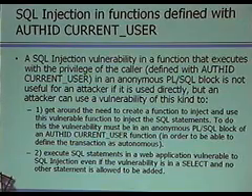Well, now, all the other vulnerabilities that we have seen were executed with the privilege of the owner, in that case the SYS user. Now we will see SQL injection vulnerabilities that execute with the privilege of the caller.